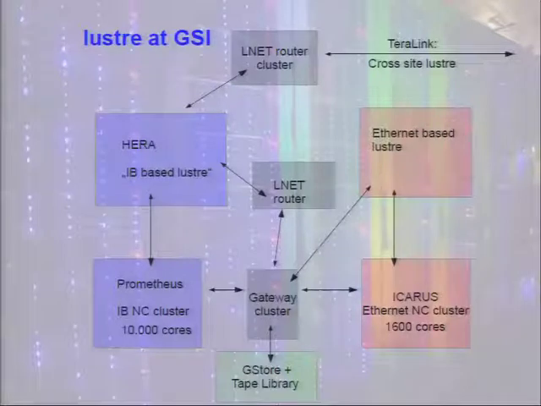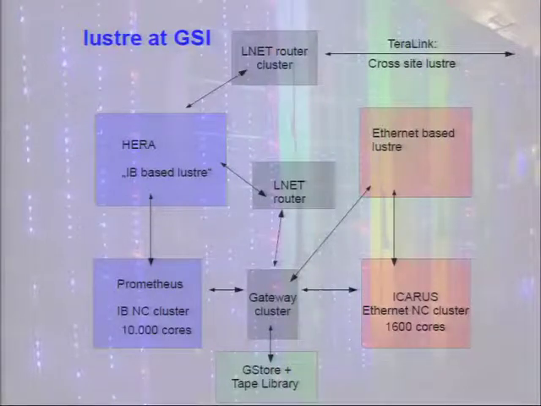FAIR is an international project, but the computing will be done in a tier style, and the tier 0 center, which contains most of the data, will be located at GSI and in the surrounding area, and this will be connected together with cross-Lustre links.